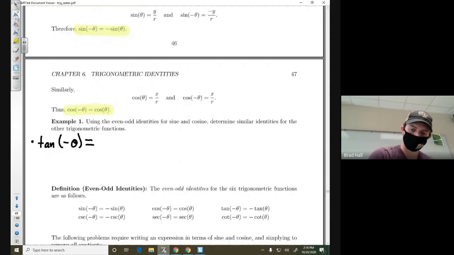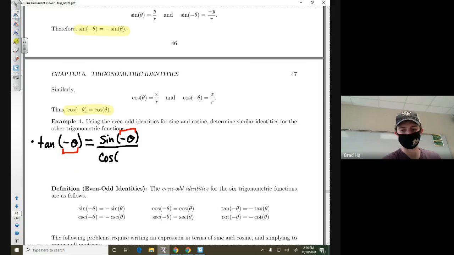So what does this tan become? It's sine of negative theta, because whatever goes here has to go here, divided by cosine of negative theta. And so we know what happens to the numerator and the denominator.